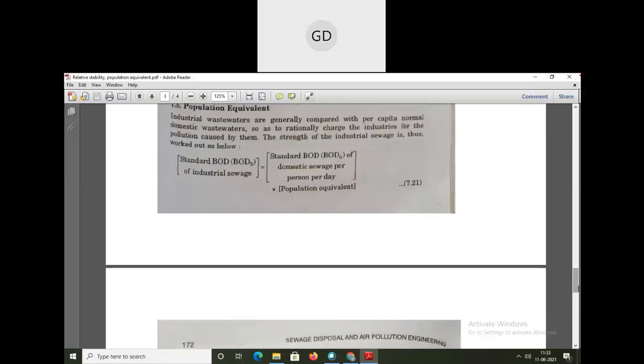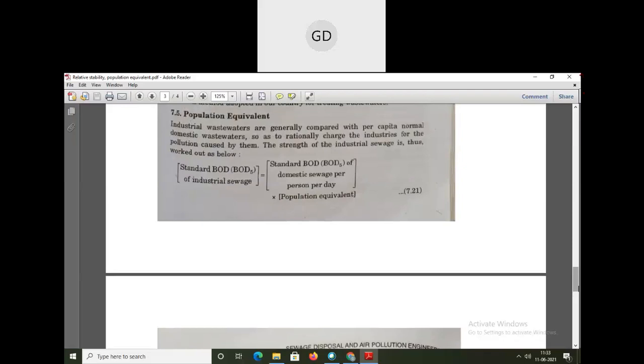Then we have a formula for population equivalent: the standard BOD of the industrial sewage is equal to the standard BOD of domestic sewage per person per day multiplied by the population equivalent. Basically, industrial wastewaters are compared with the per capita normal domestic wastewater.